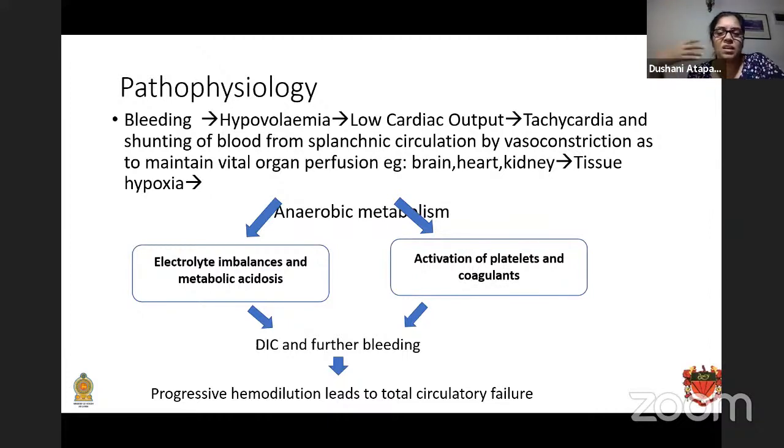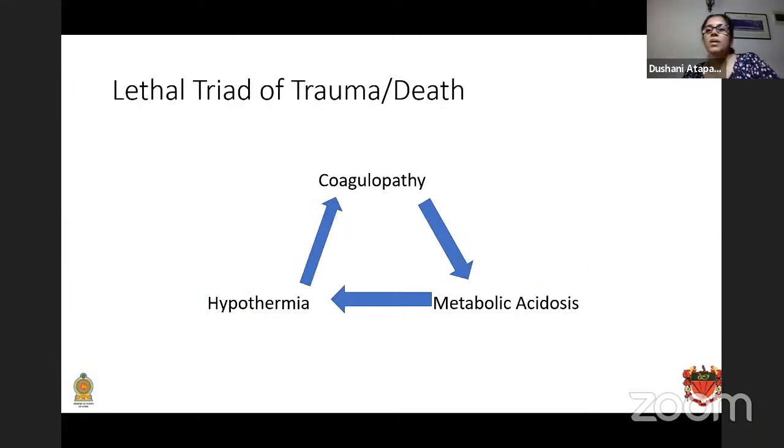So it's a vicious cycle, and then the progressive hemodilution, which will lead to total circulatory collapse and multi-organ dysfunction causing death. So you have to identify these patients at the beginning, and your aim is to avoid going into that irreversible stage, right?